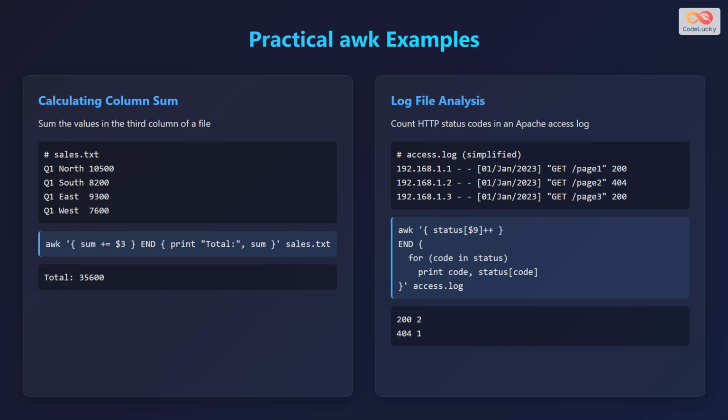Now consider log file analysis. If you want to count HTTP status codes in an Apache access log, use the command awk, single quote, open curly brace, status[$9]++, close curly brace, END, open curly brace, for (code in status), print code, status[code], close curly brace, access.log.